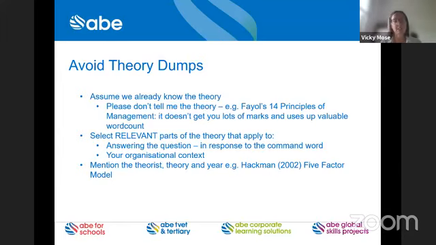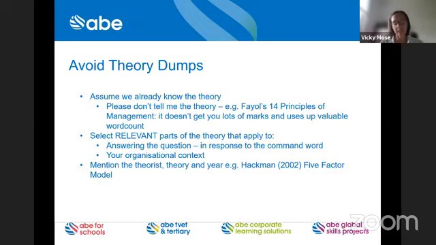But if the question doesn't ask you to describe or explain a particular theory, and you've spent 600 of your 700 words describing or explaining a theory, then you won't get many marks for it, because it's not what the question's asked you to do. So again, that goes back to looking at the command word and making sure that you answer the question that you've been asked, and you don't just go, this is about this theory, I'm going to tell them everything I know, because it's not always required.